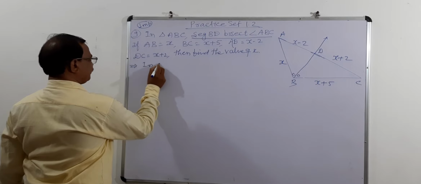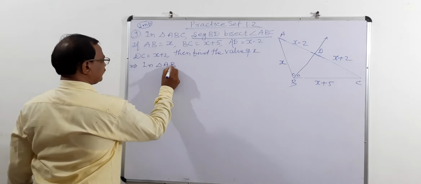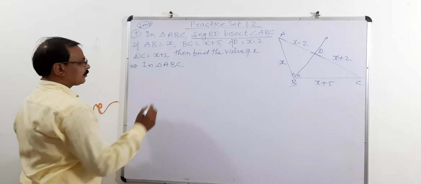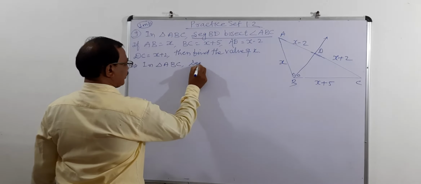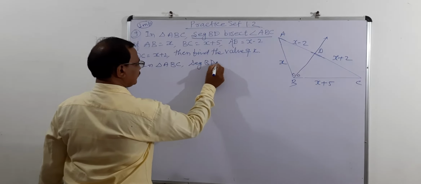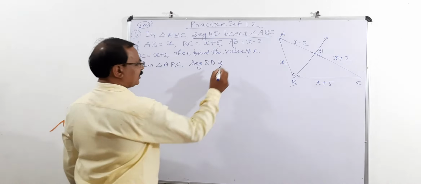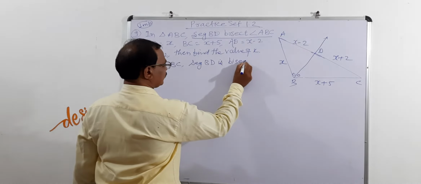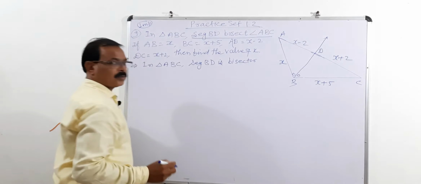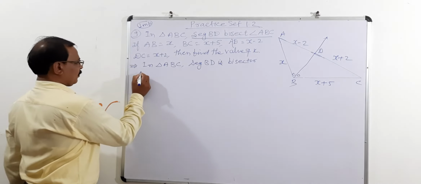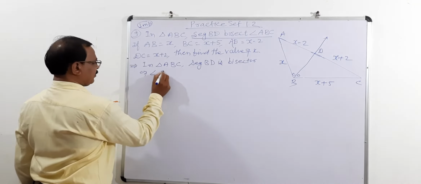In triangle ABC, segment BD is the angle bisector of angle ABC.